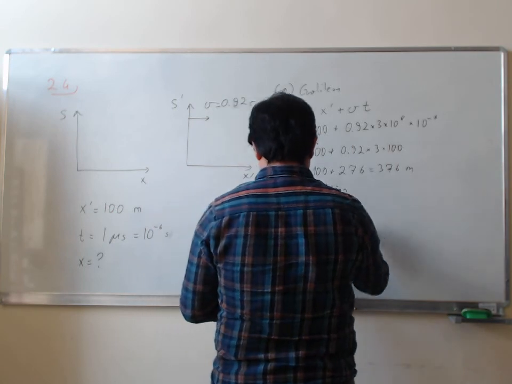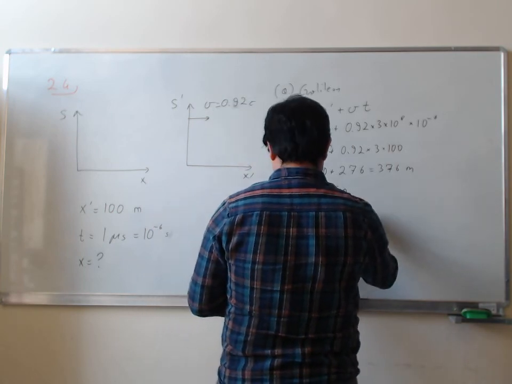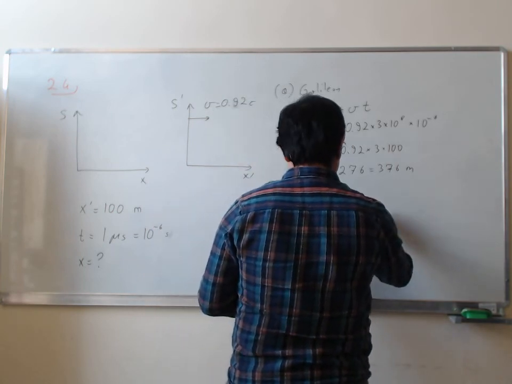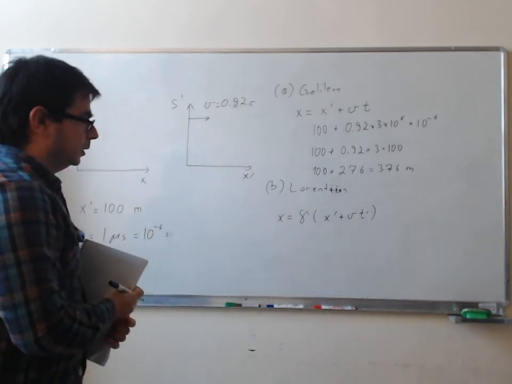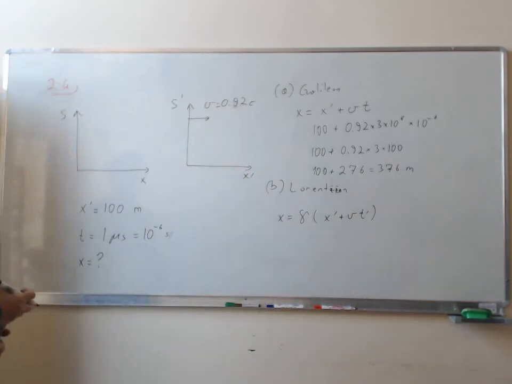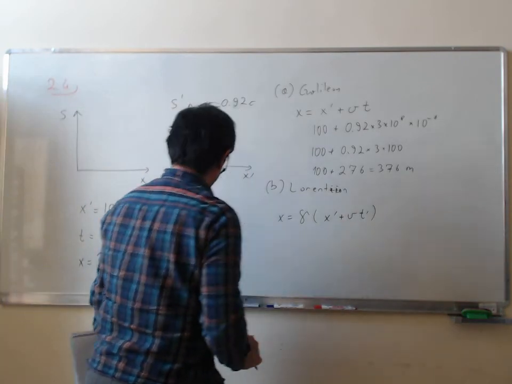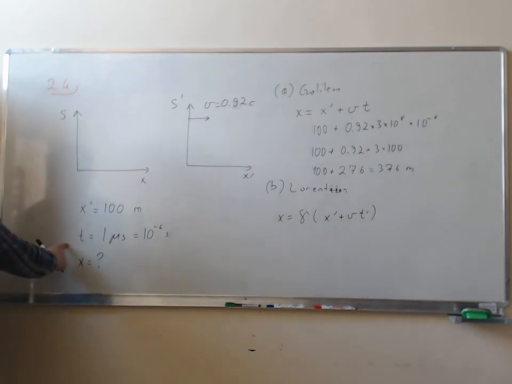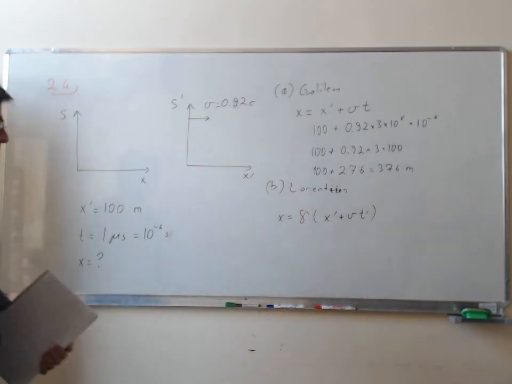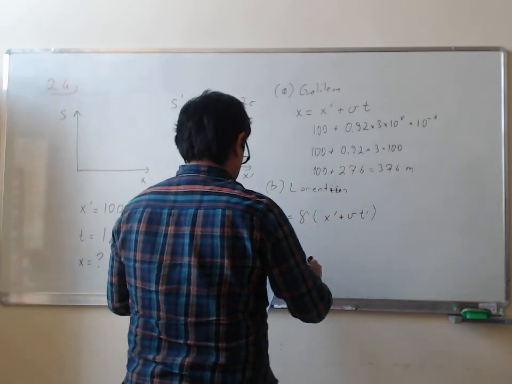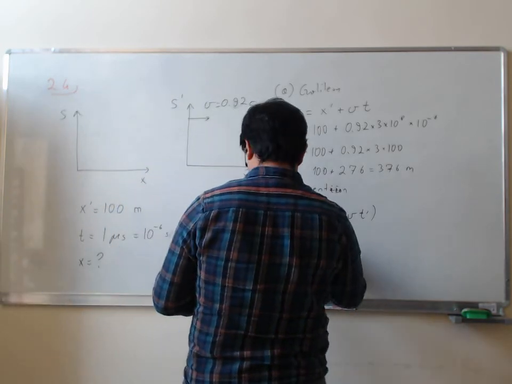This is gamma times x prime plus v t prime, right? Okay, this is fine. I know x prime. X prime is 100 meters, regardless of the time that I'm measuring this. This t prime, however, I do not know, right? And that t prime is not 1 microsecond.